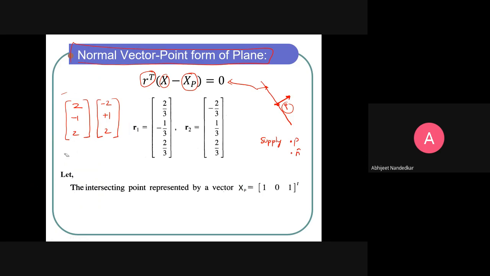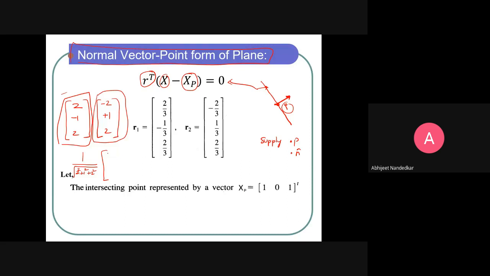Now here we have two vectors, say this one and this one. Let us first of all normalize this. What you do is take the length of this: 2 squared plus -1 squared plus 2 squared, square root of that.